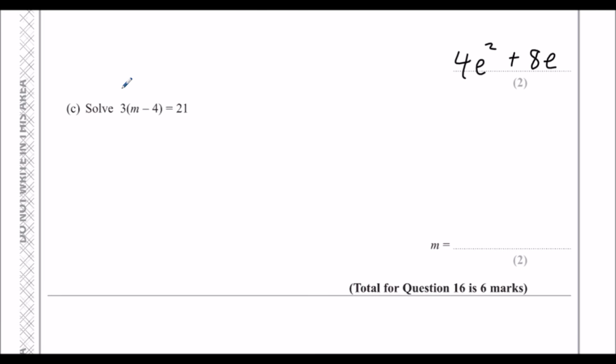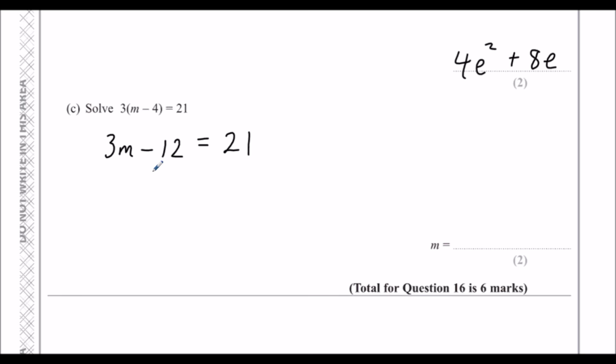And solve. So let's expand first. So get rid of the bracket first. 3 times m is 3m. 3 times -4 is -12. 3 4s are 12. That equals 21. We want to get m by itself. So we're going to get rid of the -12.